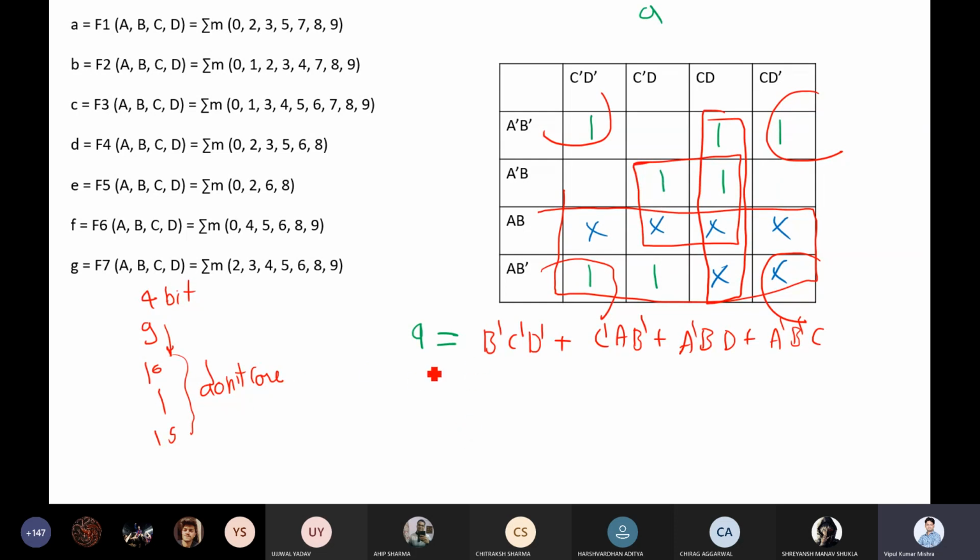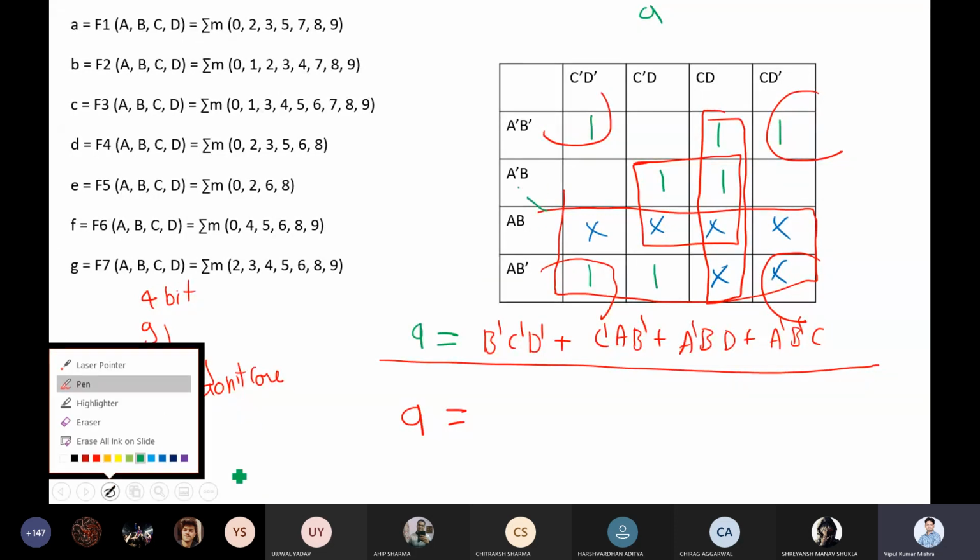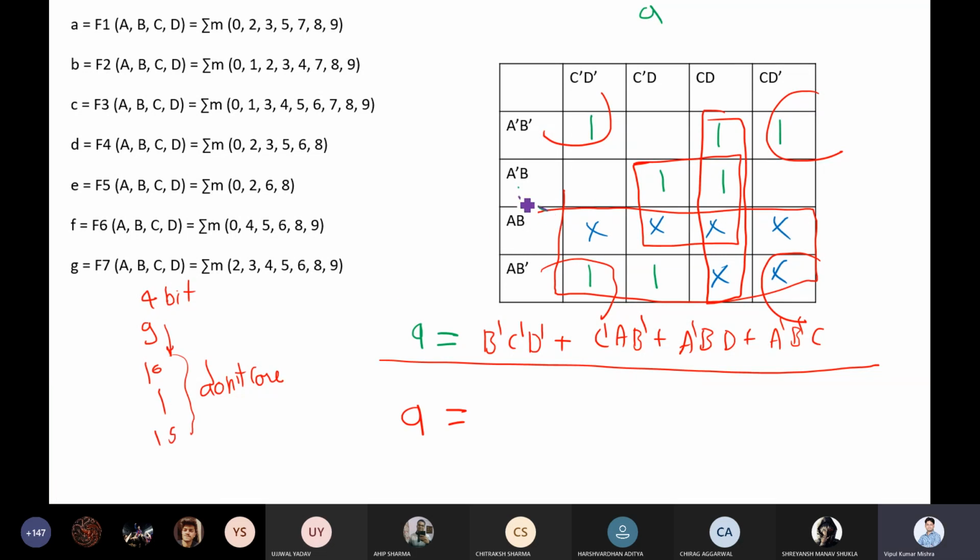So let me give the numbering so that we can write the modified equation for A. Our octet is 1, this one is 2, this one is 3, this one is 4.